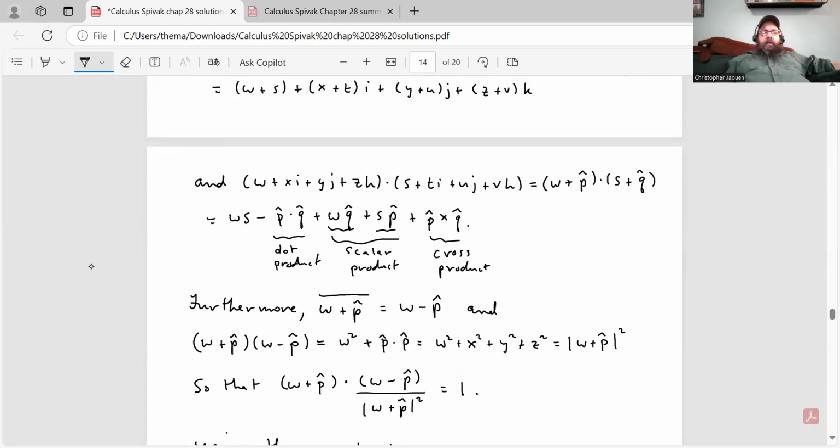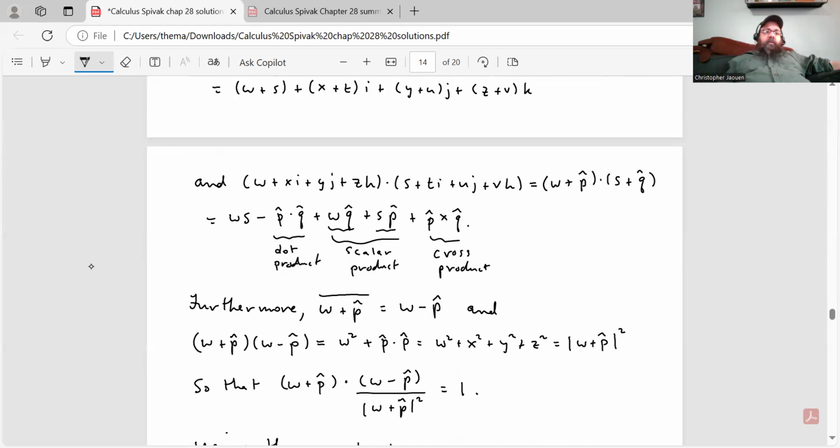So you get WS, a product of two scalars. Here we have the dot product. Here we have scalar multiplication, and here we have the cross product. So these operations all show up just in the product structure of the quaternions.